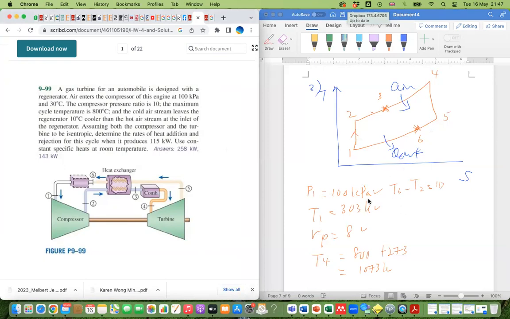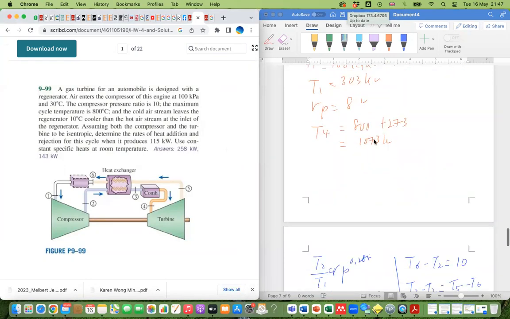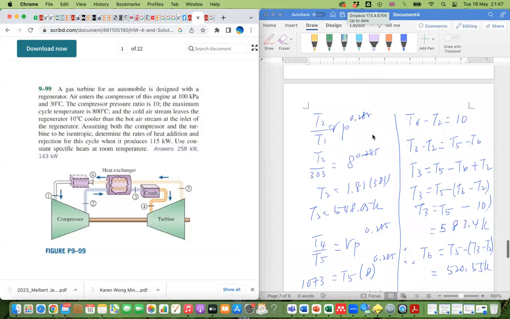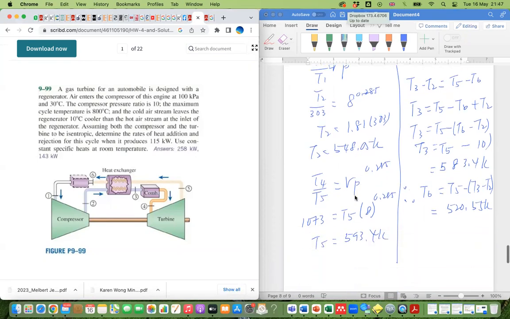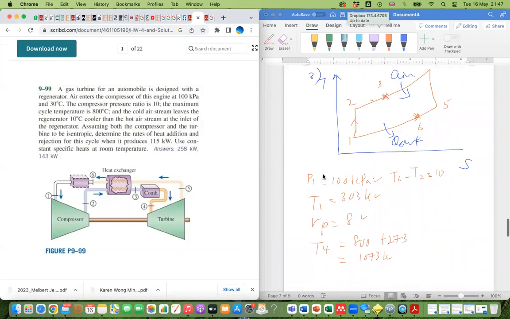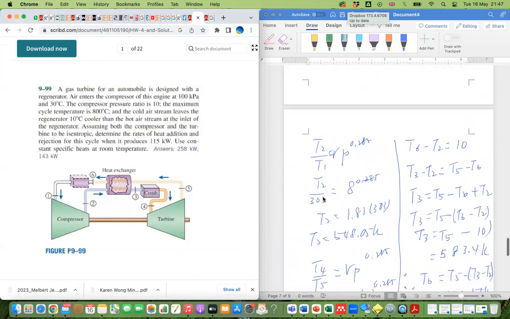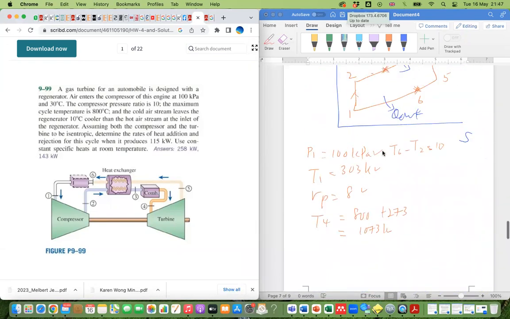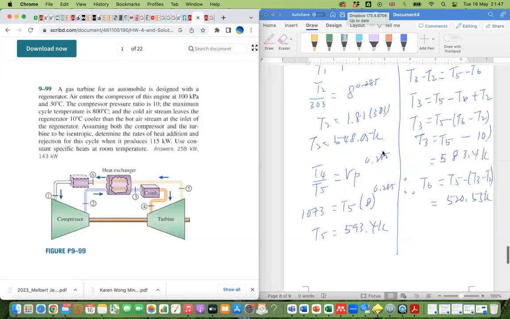Okay. So then we convert everything to SI units, the T4, and then we start with the 1 to 2 isentropic. So we can get our T2. Okay. Then because 4 to 5 is also isentropic, I can use T4 over T5 equals RP to the power of gamma minus 1 over gamma.